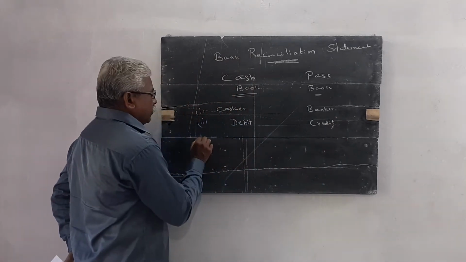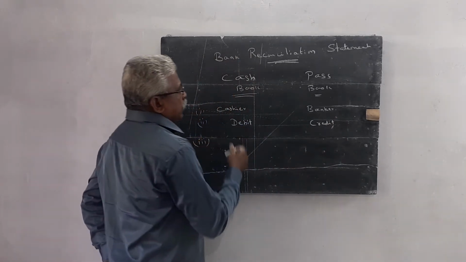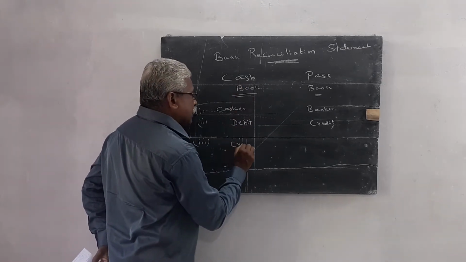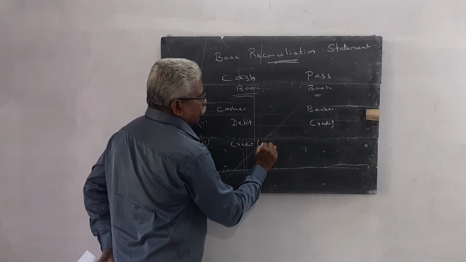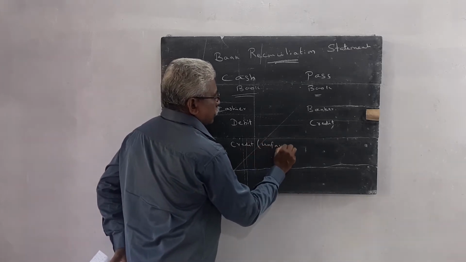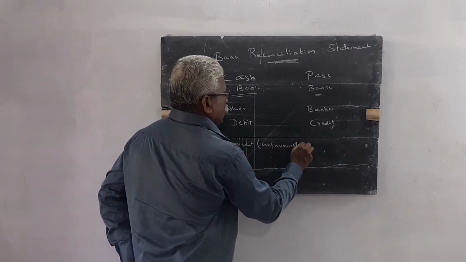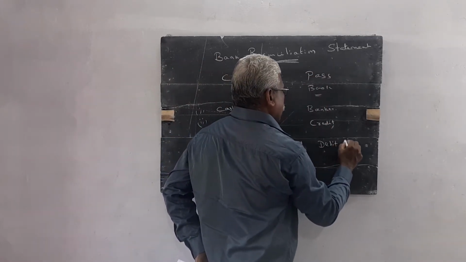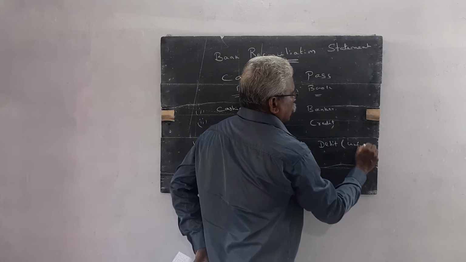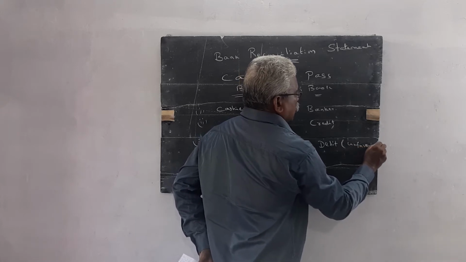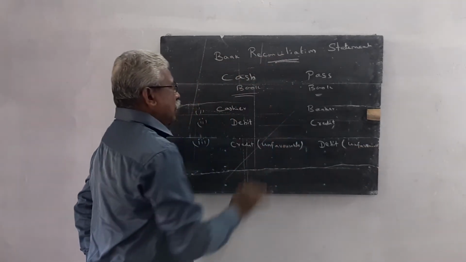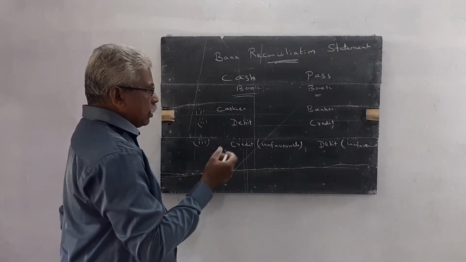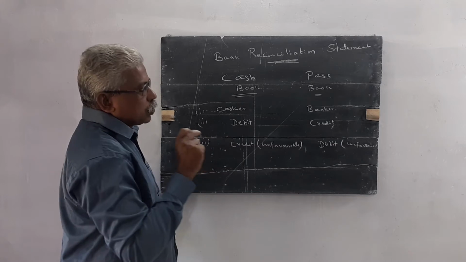In the cash book, the credit side means it is unfavorable, but in the passbook, the debit side means it is unfavorable. Up to this point is enough for preparing the bank reconciliation statement. The remaining points we will study on the basis of the question.